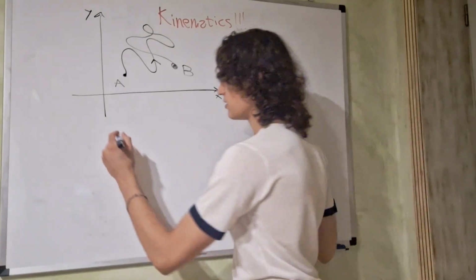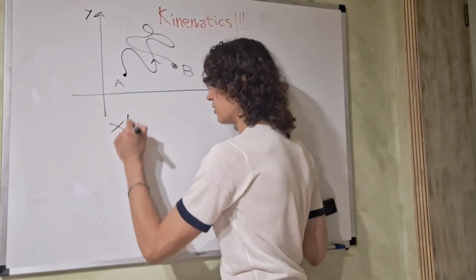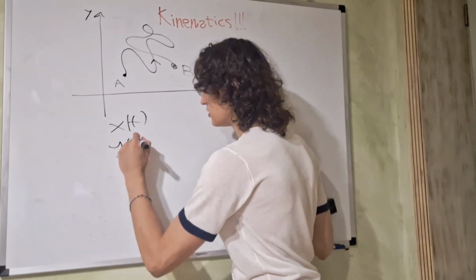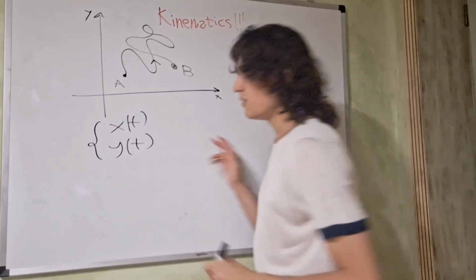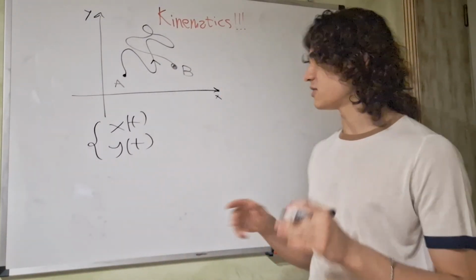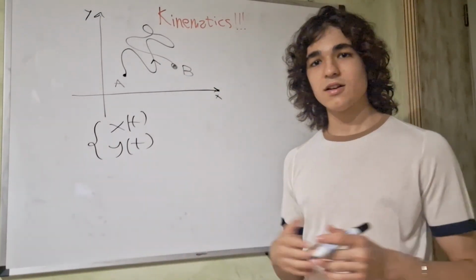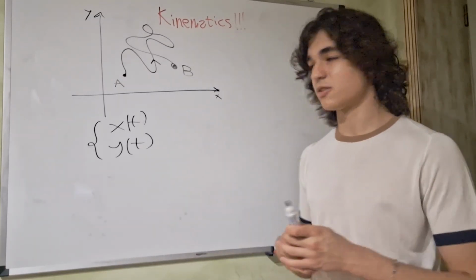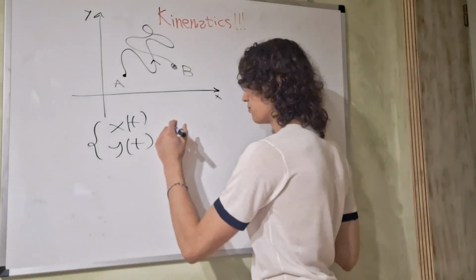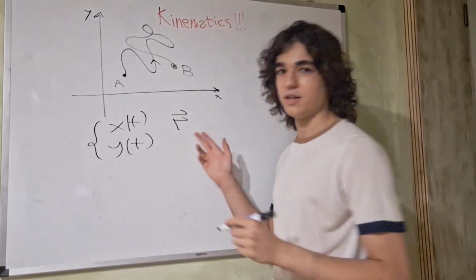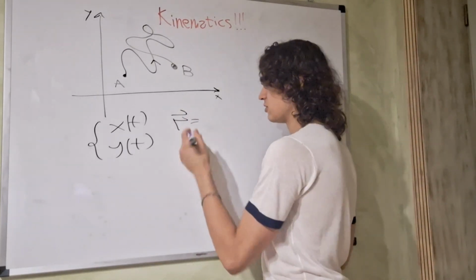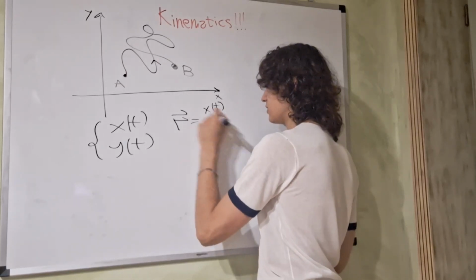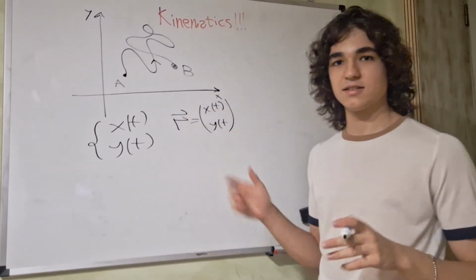We're going to specify at each time a position x and a position y. These two values together give us the position, and we're going to express this as a vector, the vector r, called the position vector, which has x coordinate x of t and y coordinate y of t in Cartesian coordinates.